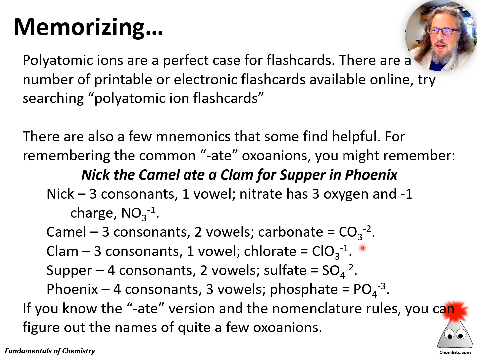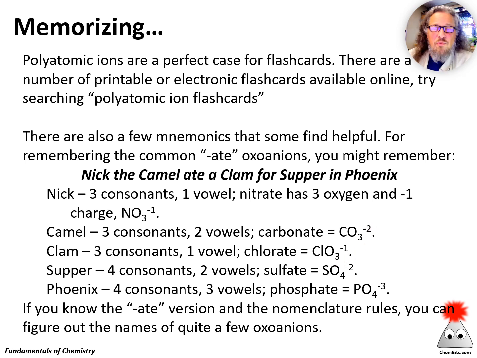So carbonate has 3 oxygens and a charge of -2. Clam, 3 consonants, 1 vowel. Chlorate has 3 oxygens and a charge of -1. Supper, 4 consonants, 2 vowels. Sulfate, 4 oxygens, -2 charge. And finally, phosphate, Phoenix, 4 consonants, 3 vowels, 4 oxygens, -3 charge.